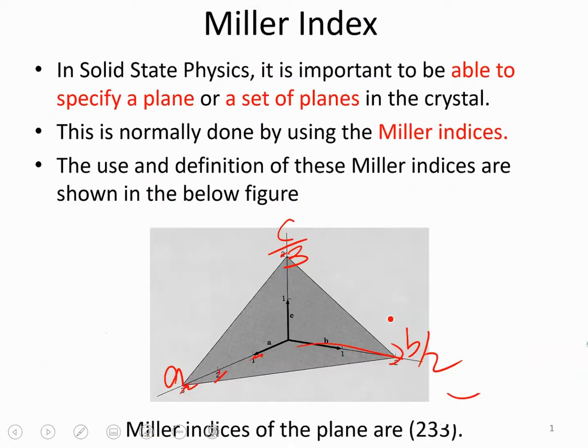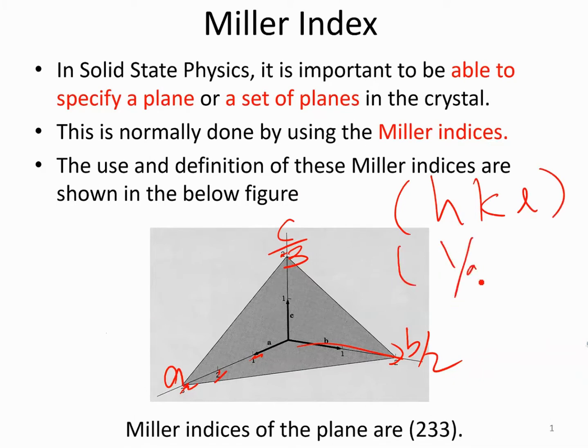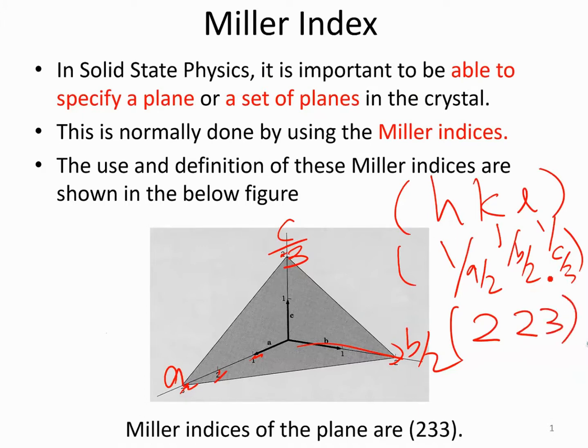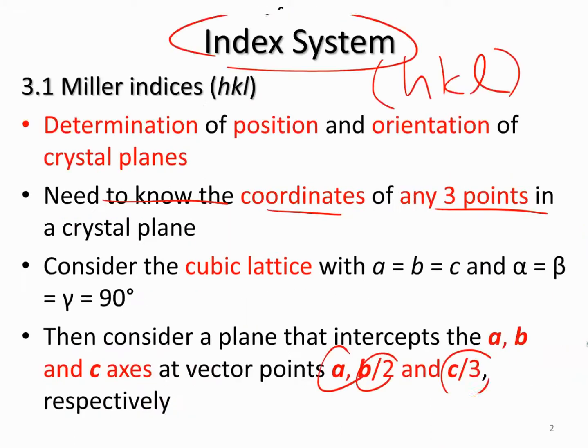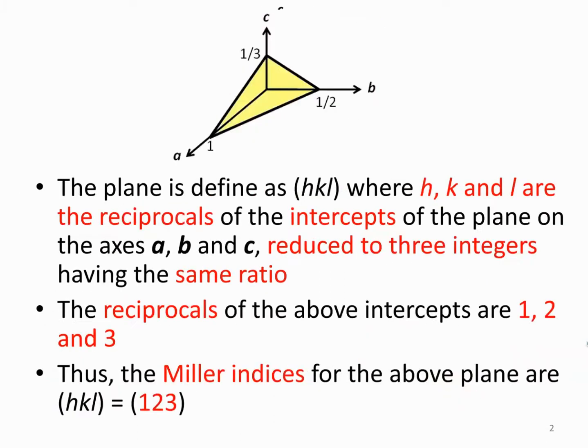Then you have to find the Miller indices, (HKL), which is 1 over a over 2, 1 over b over 2, 1 over c over 3.